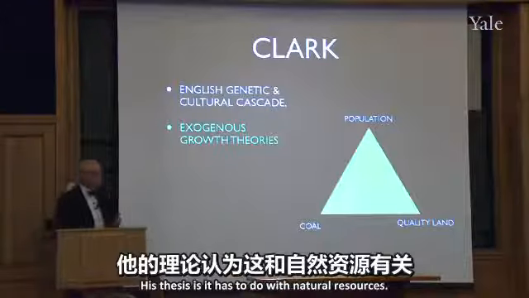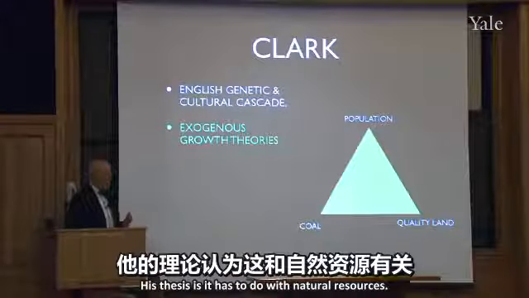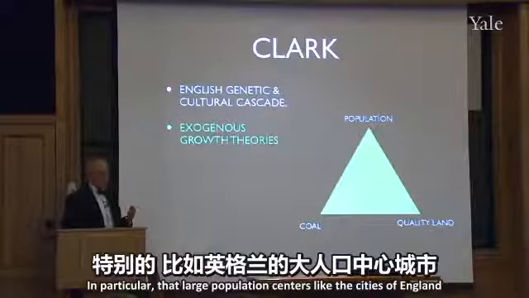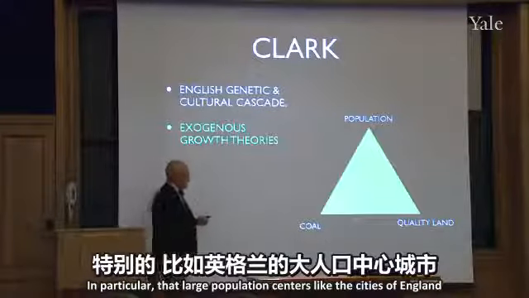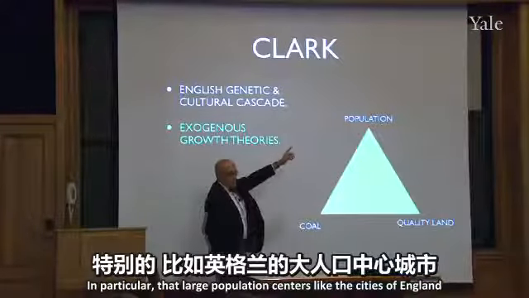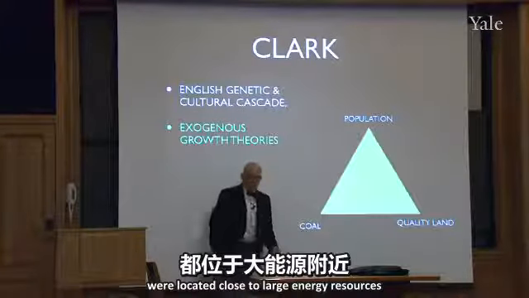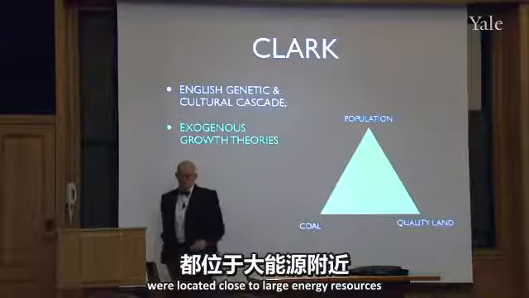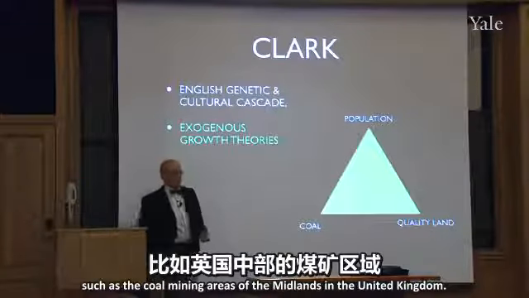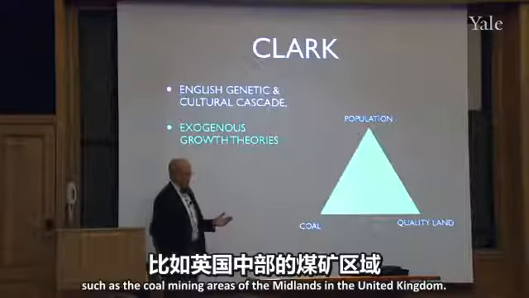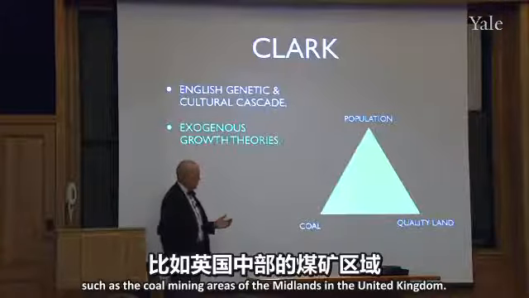And his thesis is that it has to do with natural resources. In particular, that large population centers, like the cities of England, were located close to large energy resources, such as the coal mining areas of the Midlands in the United Kingdom.